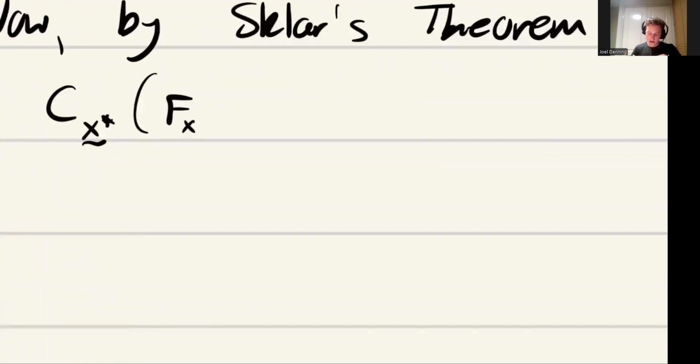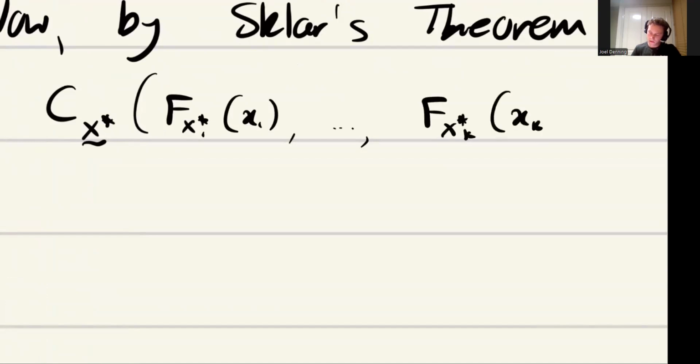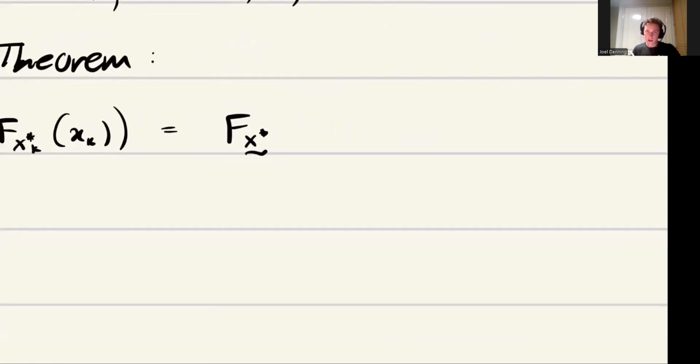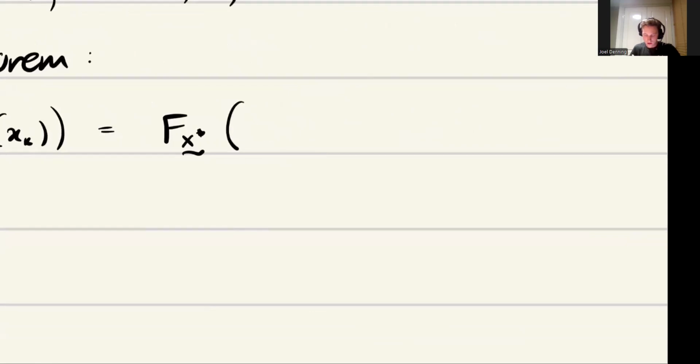When we plug in our marginals, x1 up to xk, remember, this should be equal to the joint CDF, so F of x star tilde, denoting our joint of x1 up to xk.